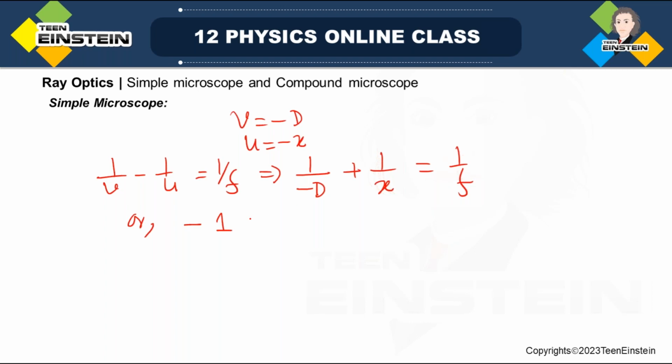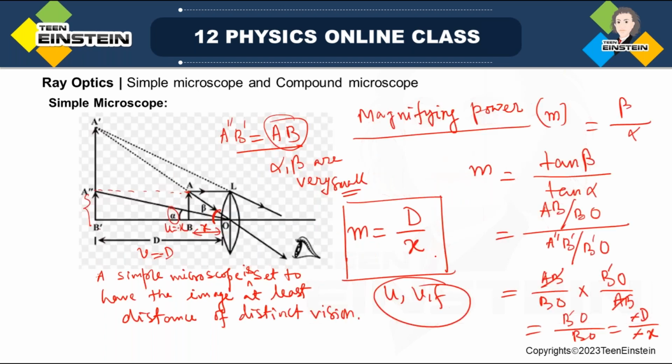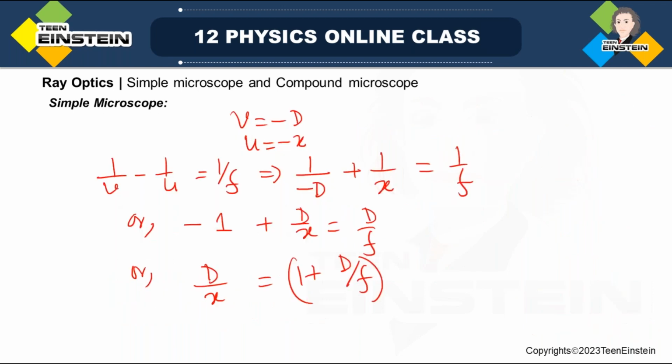So here you will get 1 plus D by X equals D by F. So from here you can see D by X will be obtained as 1 plus D by F. So look here, the magnifying power of a simple microscope, when the final image is formed at the least distance of distinct vision, the magnification we are getting is 1 plus D by F.